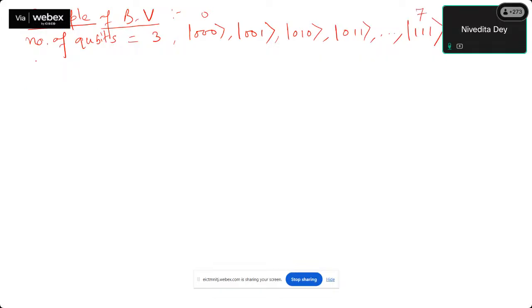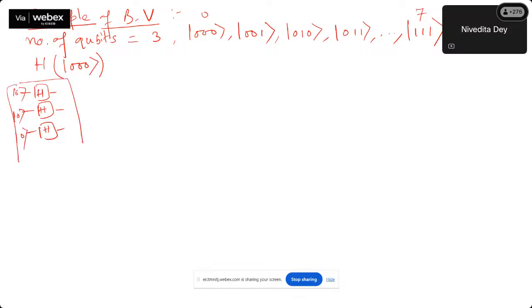Right? Now, on application of Hadamard, when it is applied on the state 000, how we can do that? It simply means this, and this, and they are initialized with 0. So by doing this, equivalently, you can combine it and write it in this way.